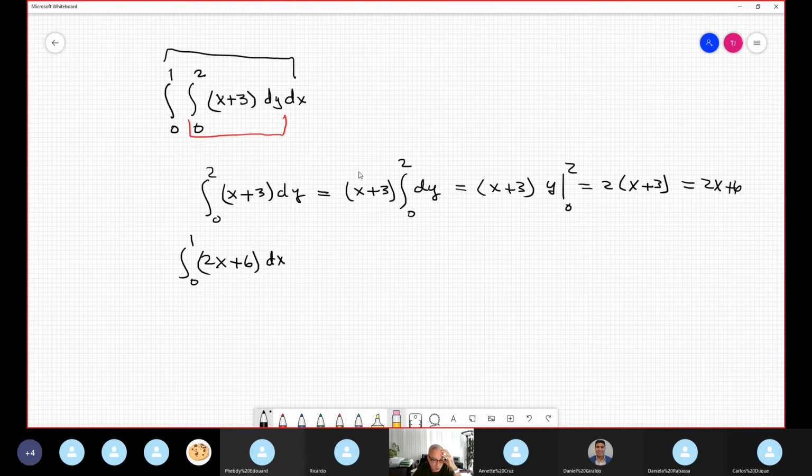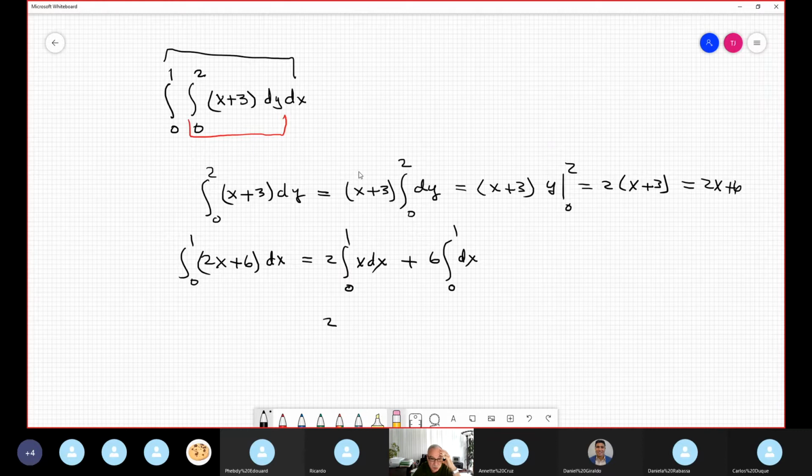Okay. No, it's easy. It's 2 times the integral of x dx from 0 to 1, plus 6 times the integral of dx from 0 to 1.